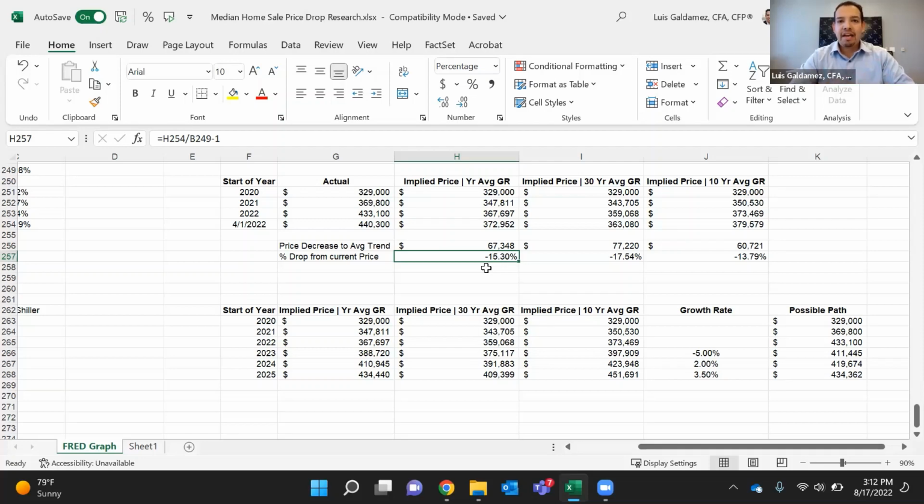Plus, we don't live in a vacuum. You have to consider other things that are happening. I made a case: if you think of real estate, you look at demand and supply. On the demand side, that's driven a lot by interest rates. In a previous video, I made a case for why I think the 30-year fixed rate mortgage has peaked and more likely than not is going to come down, not move up.